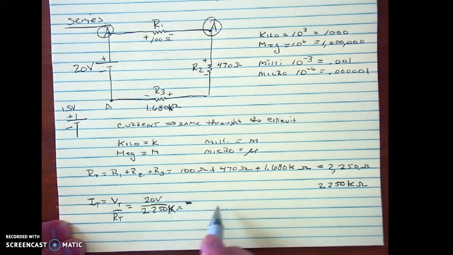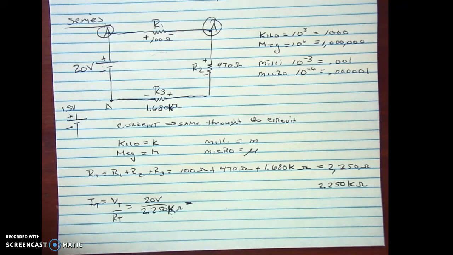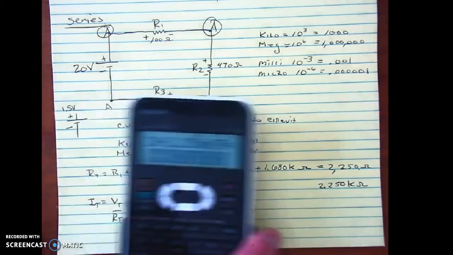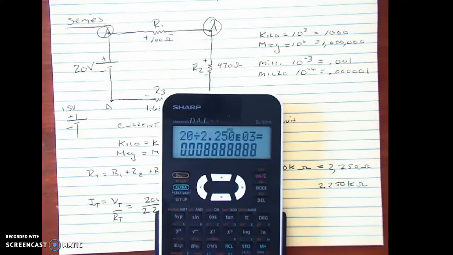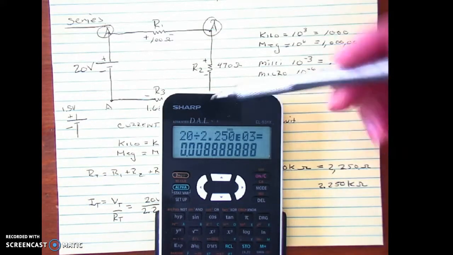So let's first find the total resistance in the circuit. We know that because it's a series circuit, it's an additive circuit, we can find our total by having our total equal to R1 plus R2 plus R3. And we want to use the units. So for kilo, we're going to use K, meg, whatever it is.